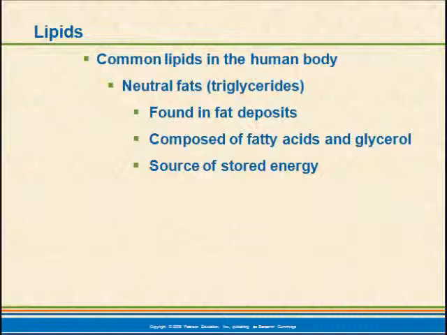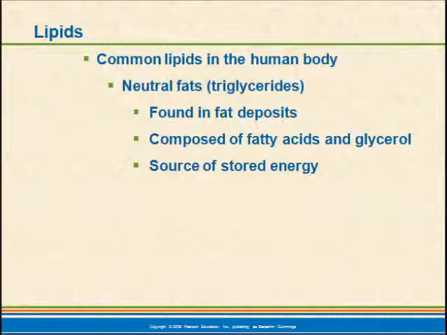See, lipids contain more than twice as much energy per gram as any other substances, proteins, carbohydrates, whatever. There's 4 calories per gram for a protein or a carbohydrate. For a lipid, there are 9.